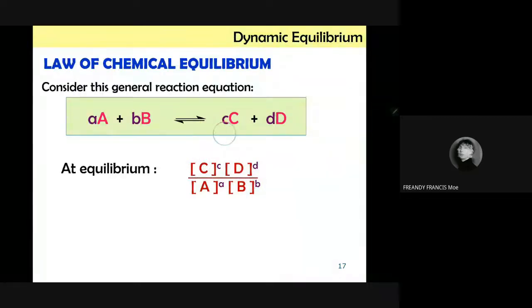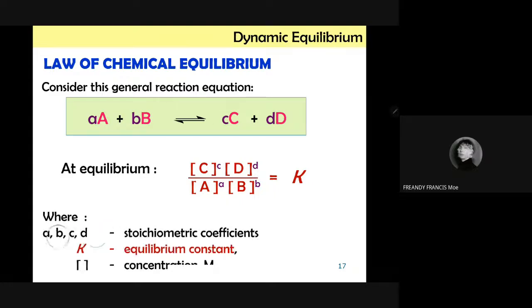Maksudnya, concentration of products bagi concentration of reactant and each of these concentration to the power of its stoichiometric coefficient, nombor dekat depan tu, dekat equilibrium nilai dia adalah constant, K. Kita akan dapat nilai constant K. K besar. Okay, capital K.